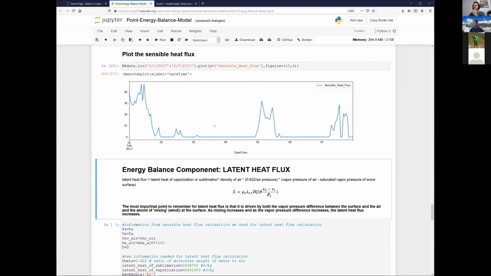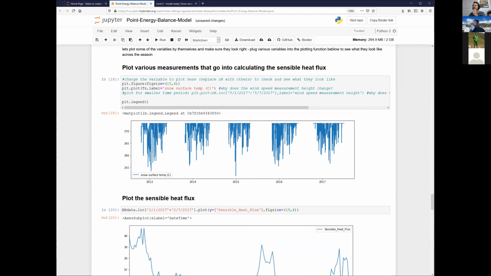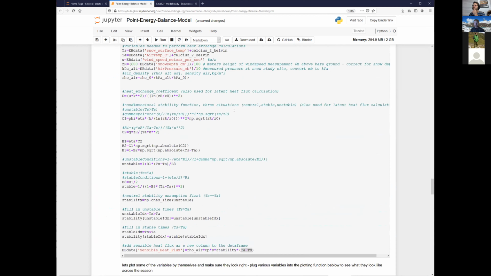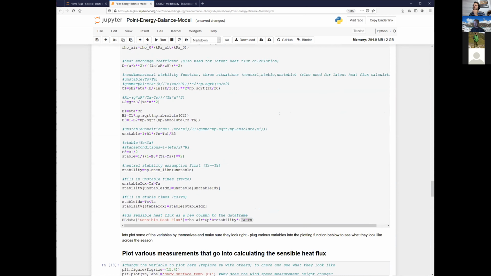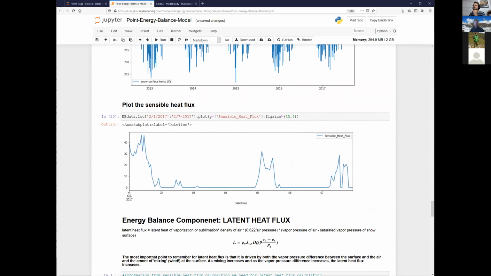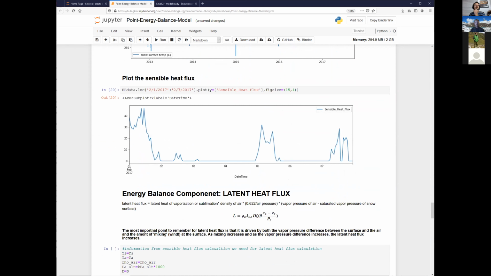Remember I said that when we calculated sensible heat flux up here, this was really important. We had to have a temperature difference between the air and the snow. So if it's at 0 here, what that means is there is no temperature difference.